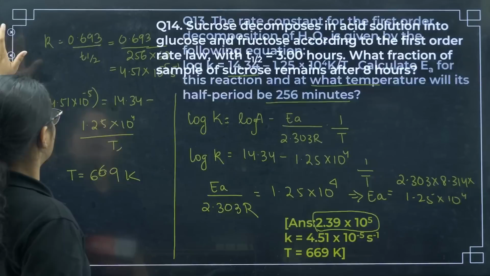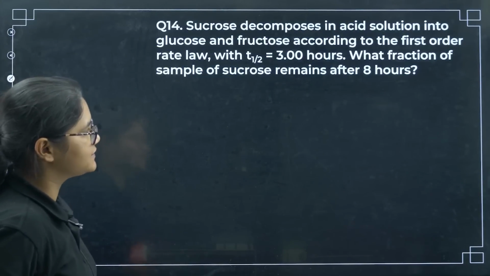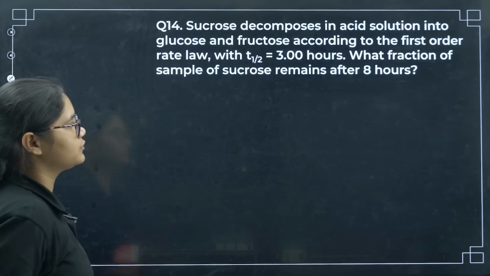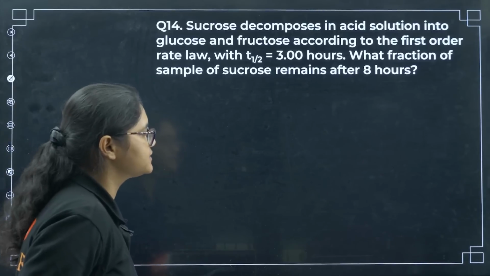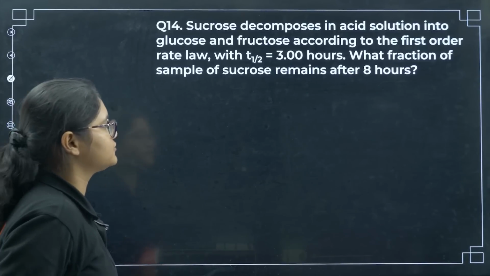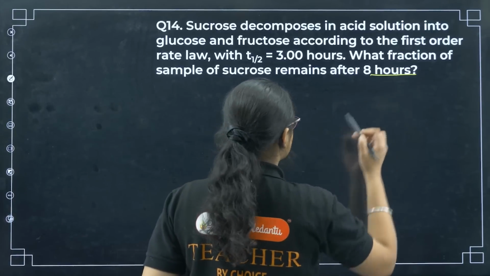Okay. Next, question number 14. Sucrose decomposes in acid solution into glucose and fructose according to the first order rate law with T half as 3 hours. What fraction of the sample of sucrose remains after 8 hours? So here the fraction of the sample is asked.